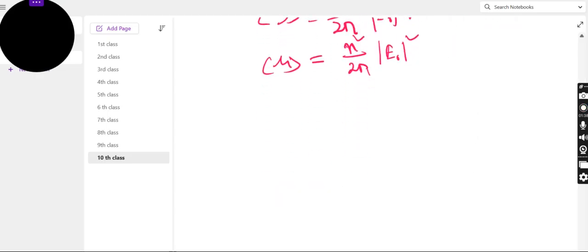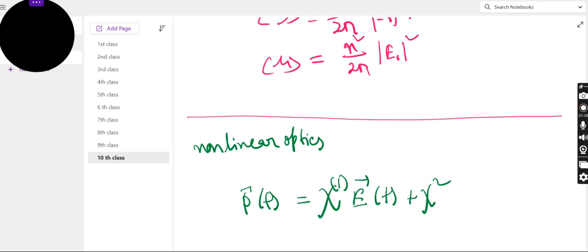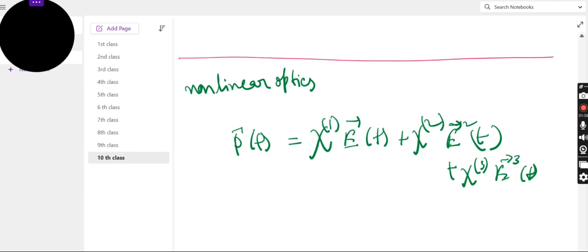Now we go into nonlinear optics. And so on and so forth.